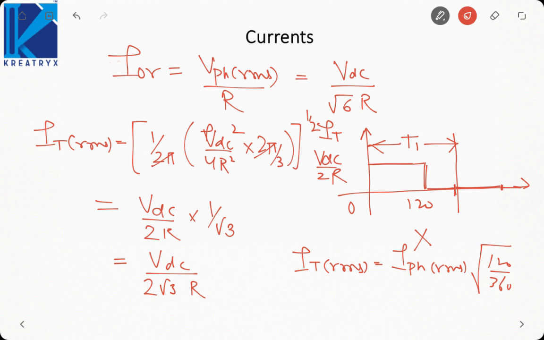That is why here it must be 180 degree. Then you will get the same result. Okay. So it is better if you directly derive this, not from the output RMS value. Again, power in a resistive load will be 3 I0 RMS square into R. Is it fine? So this gives the RMS value of the phase current as well as for the thyristor current.